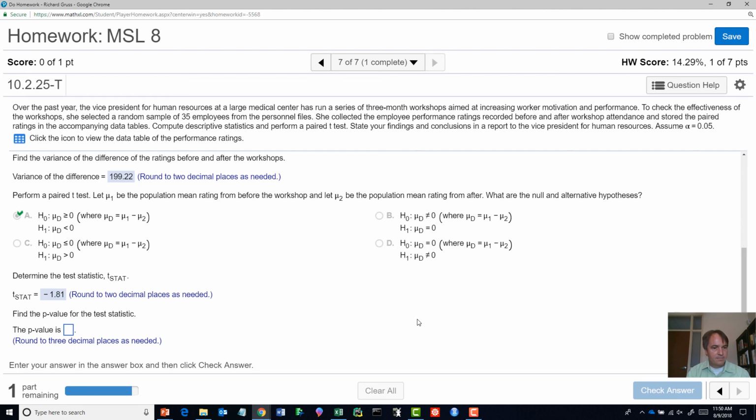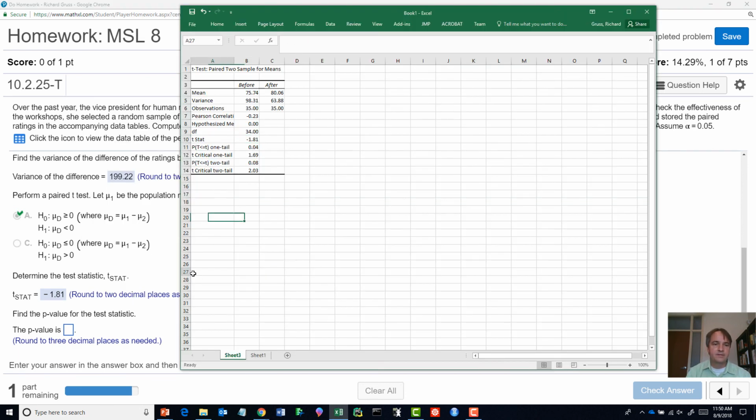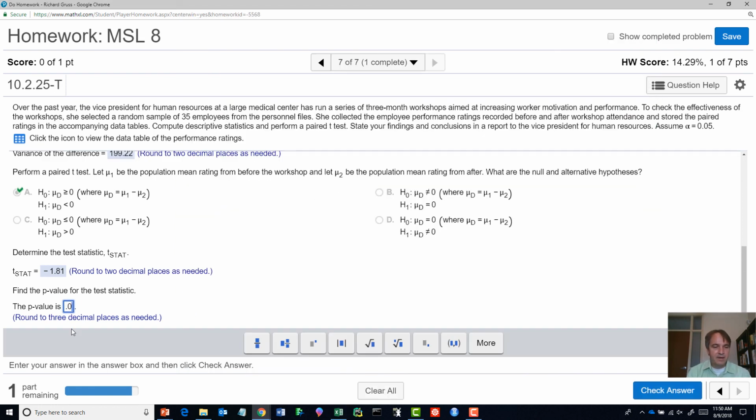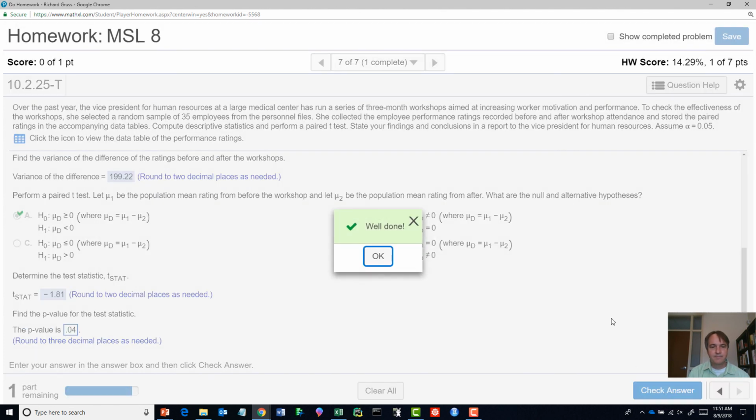All right. And the p-value. So our alternative hypothesis is less than, so this is no longer a two-tailed test. So we're going to use the p-value for the one-tailed test here, and it's given to us here. So p one-tail 0.04. So just barely significant. Okay.